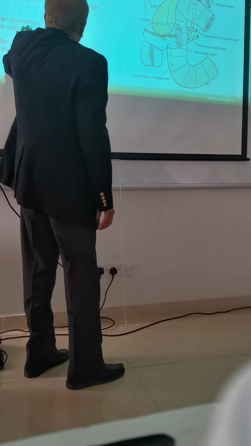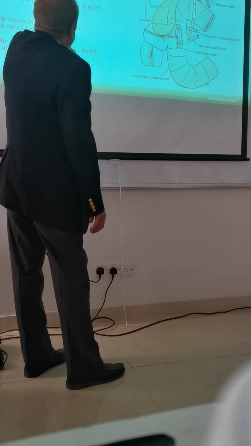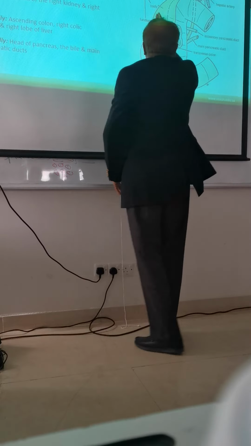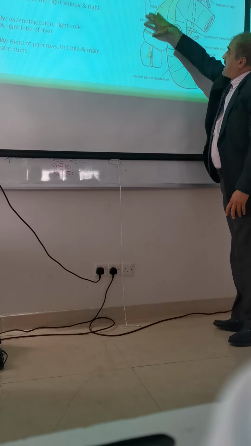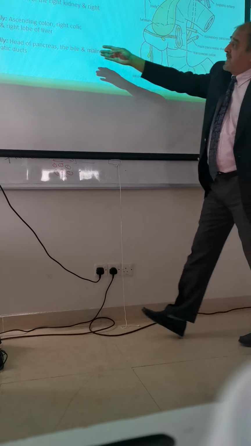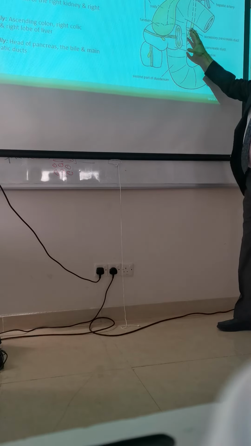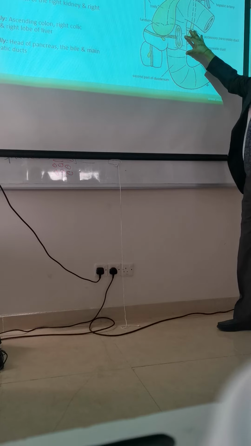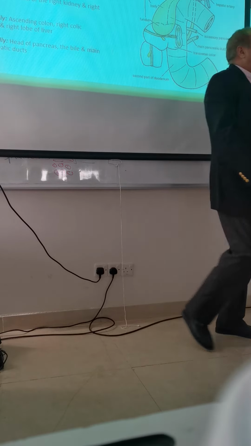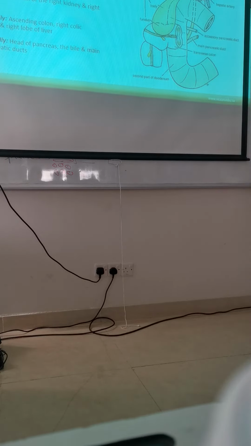Laterally are the ascending colon and the right colic flexure. The ascending colon goes over here, and then the right colic flexure. Medially is the head of the pancreas. These relations are important for MCQs also.